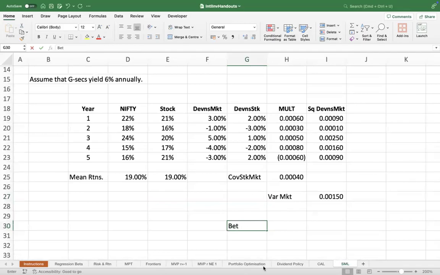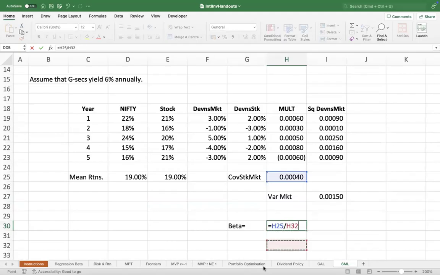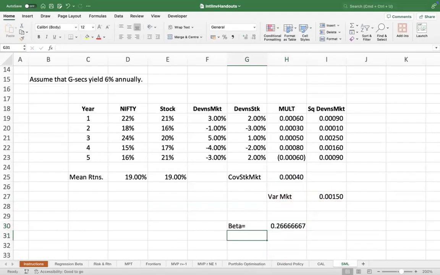Once you have this, you can get the beta, which is the covariance between the stock and the market divided by the variance in the market, which comes out to be 0.26667.